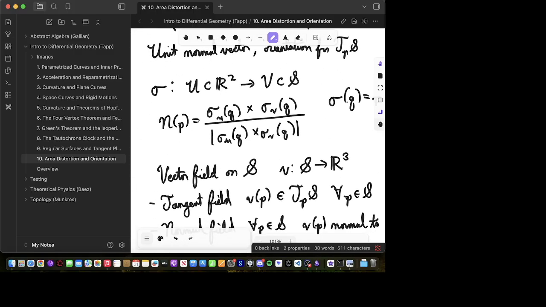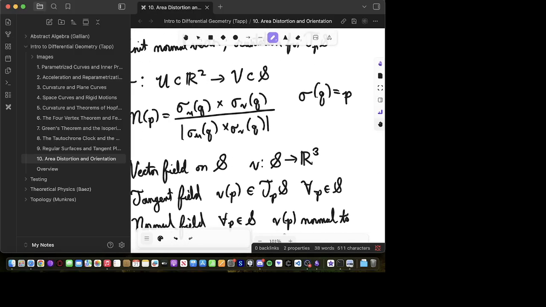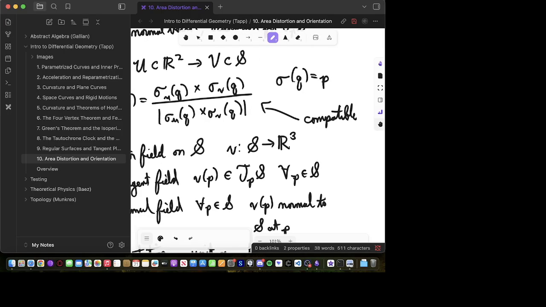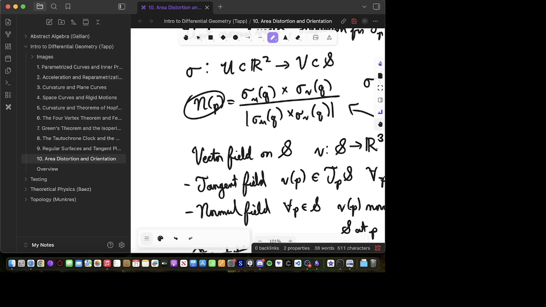And we can say that a surface patch sigma is compatible with the orientation if this holds true.